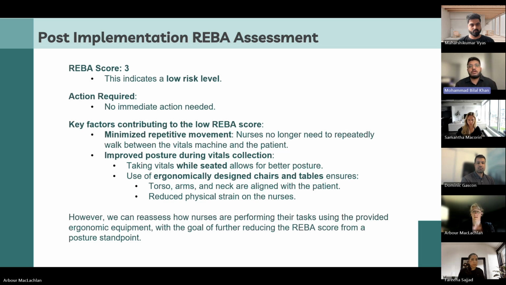So the nurses are no longer in awkward or physically taxing positions when taking vitals. While these results would be promising, we would recommend that a periodic reassessment would be necessary to ensure that this score remains at 3 or can be improved upon.